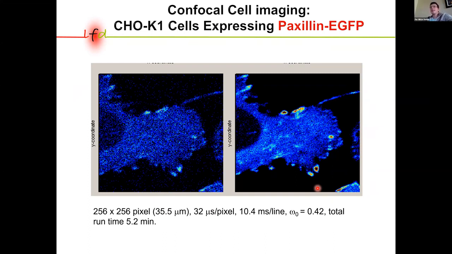So you see a typical image acquired in the laser scanning microscope, and those bright spots are the focal adhesions near the glass, where the cell connects to the coating of the glass, which in this case, I believe, was fibronectin.